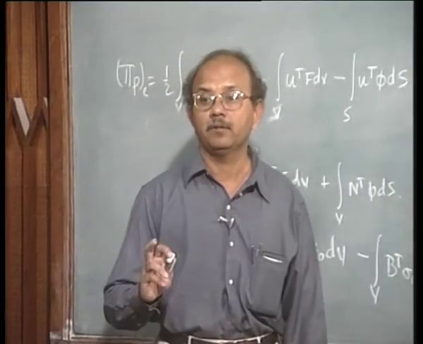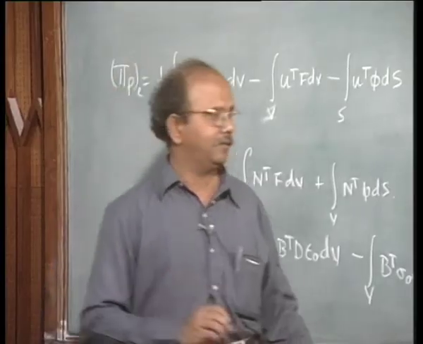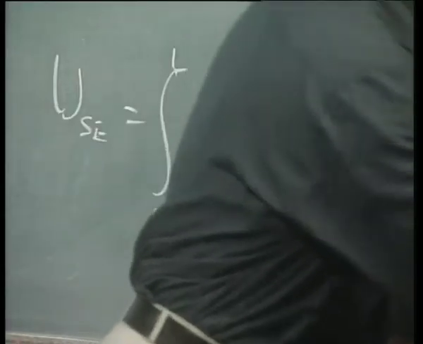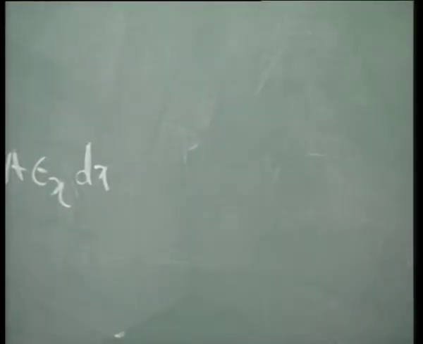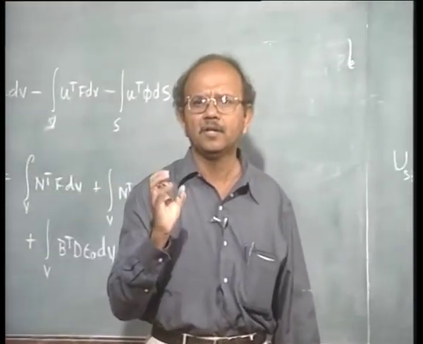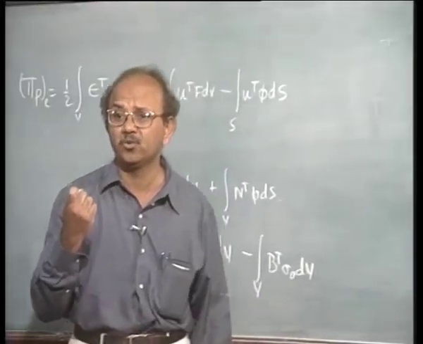Now, how can you write K? See, this is so logical and simple. I think this is the most important part in finite element, and that's why I am spending so much time so that you get it into your system.